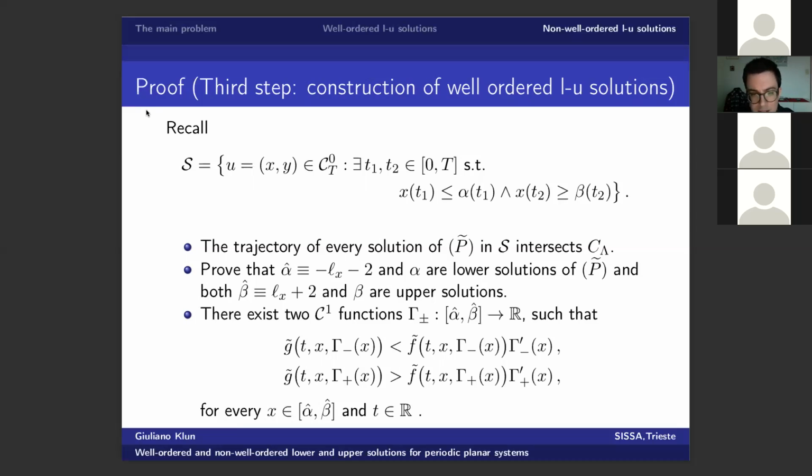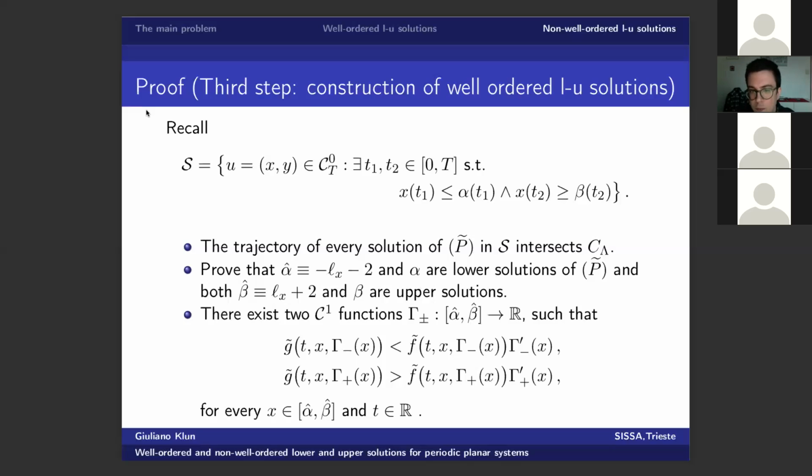And more interestingly, but here the proof is very technical, we can establish that there must exist two C1 functions, capital gamma plus and minus, defined between alpha hat and beta hat, such that the standard inequality we have seen before holds for G tilde with respect to the product of F tilde times capital gamma prime.